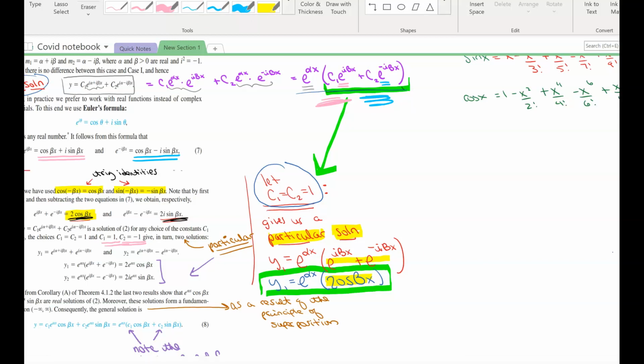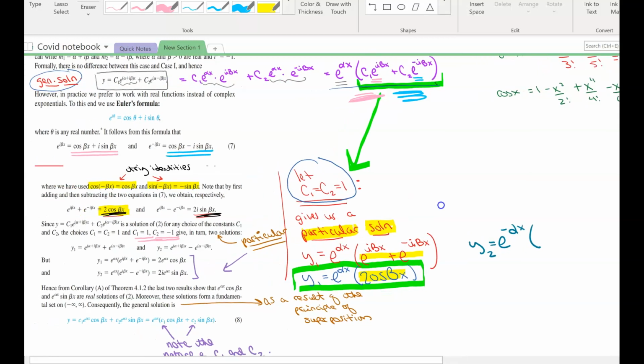And that second particular solution, let's make sure we emphasize the particular, is none other than y2 equals e to the alpha x, and what's going to be inside? Yes, inside is going to be 1 times e to the ibx minus 1 times e to the negative ibx. And that is none other than 2i sine bx.